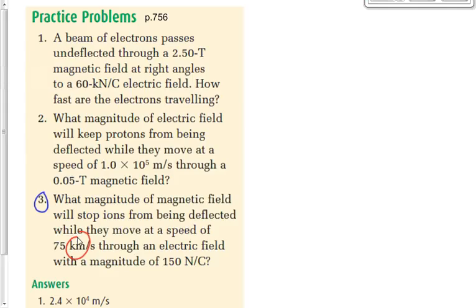Okay, we want to stop these things from being deflected. Which section of the cathode ray tube are we dealing with here? By the way, I say the cathode ray tube. It's not really a cathode ray tube, right? We're talking about ions here as opposed to electrons. This is really what we call, and I probably would have mentioned this in the podcast yesterday that you guys watched, the mass spectrometer. Did I mention that? No? A mass spectrometer is a device that's like a cathode ray tube, except it uses ions as opposed to electrons.